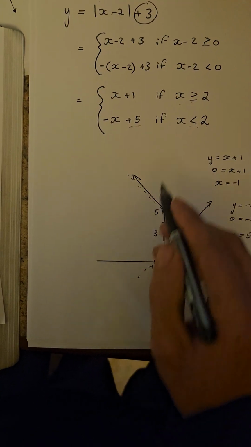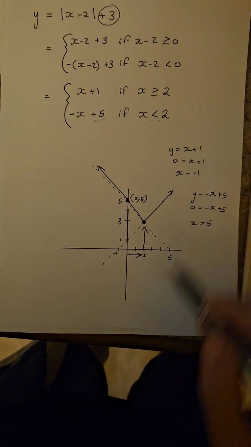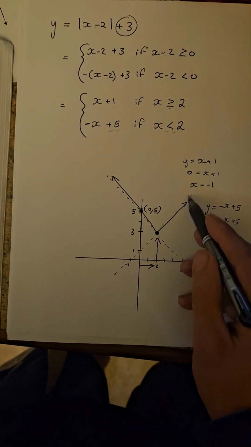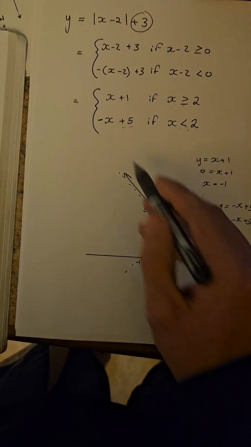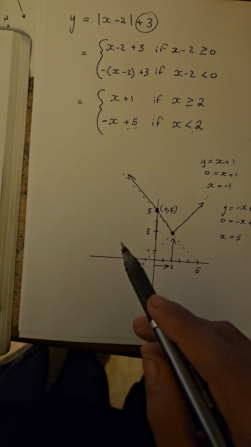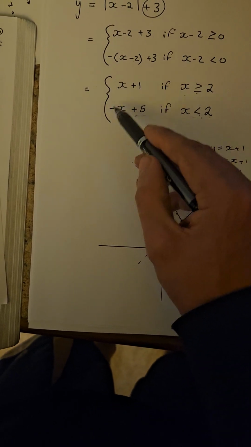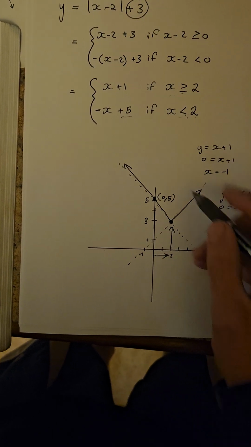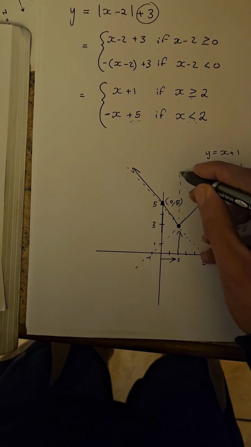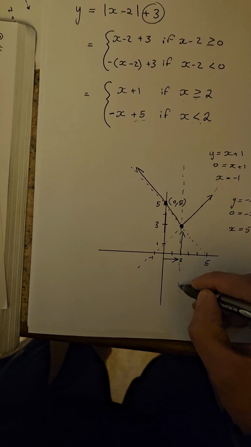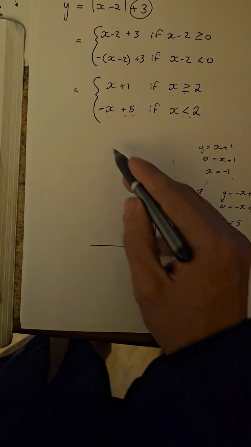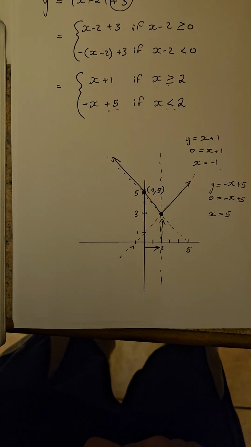It will always look, if it's a positive value in front here, like a V, and this slope would be the negative of this slope, 1 and -1. If it was 2, it would be 2 and -2. It would be like a reflection over this line of symmetry here. To the right, to the left, a nice V shape.